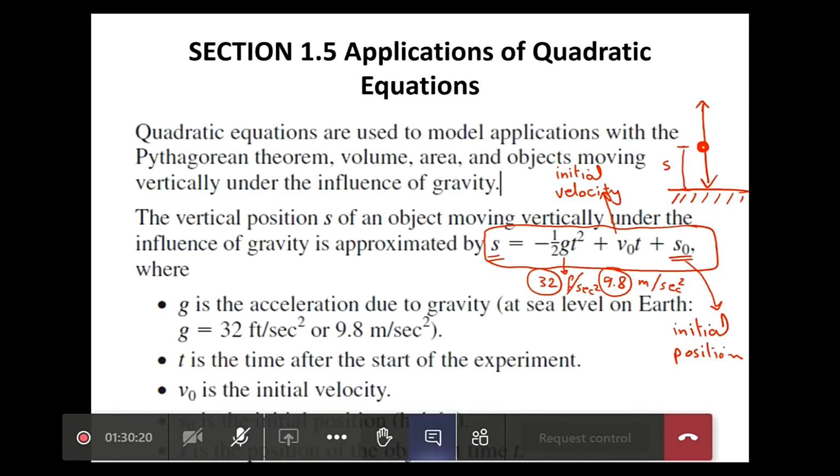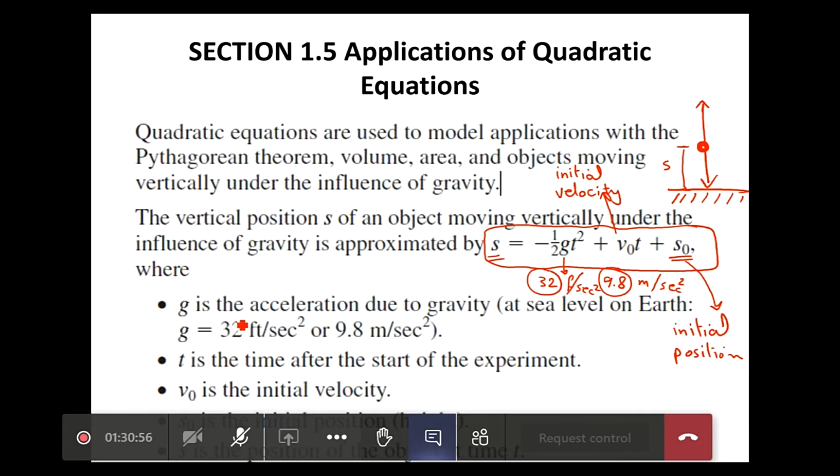This means s naught is the height of the object above the ground, the distance between the ground and the object at the moment of launch. This is the initial, at time zero: at time zero, what was its height, and at time zero, what was the velocity. Okay. v naught, initial velocity at the moment of launch. s naught, the distance between the object and the ground at the moment of launch.